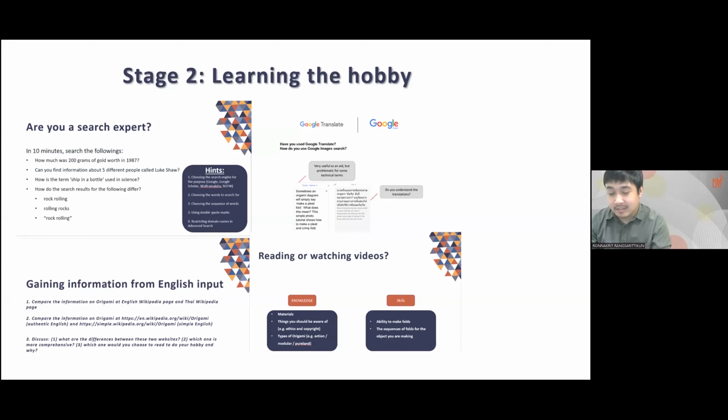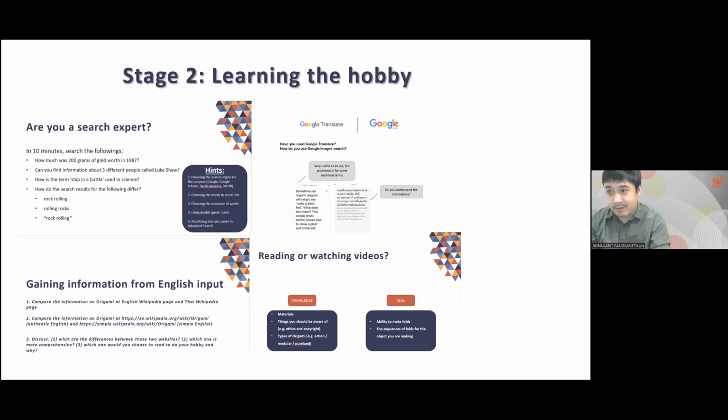If you happen to do this, you probably see that the English Wikipedia page is pretty comprehensive, useful, insightful, and informative. Unlike the Thai Wikipedia page, even though the topic is the same, it is not so useful if you want to gain knowledge about origami.